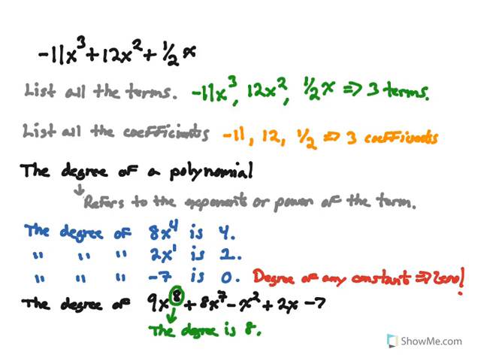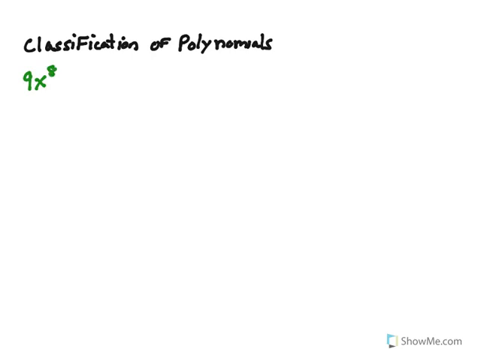And then on the next slide, what we have is called the classification of polynomials. Okay. And when you have one term, for example, 9x to the 8, that's considered one term.